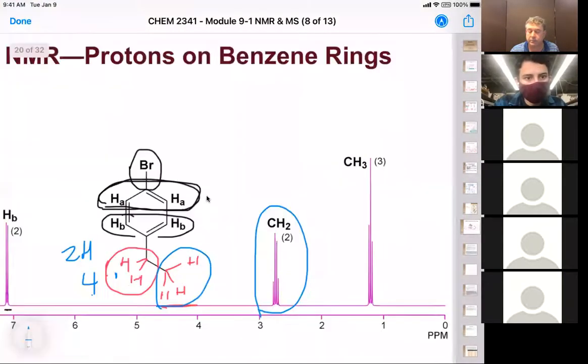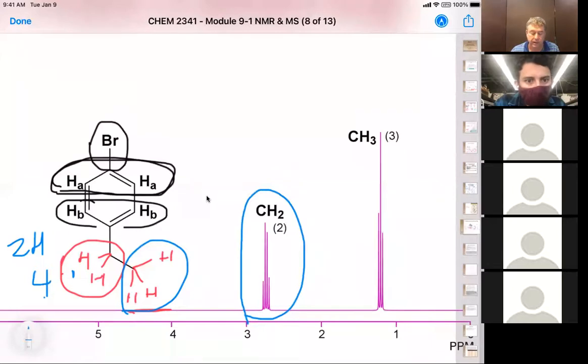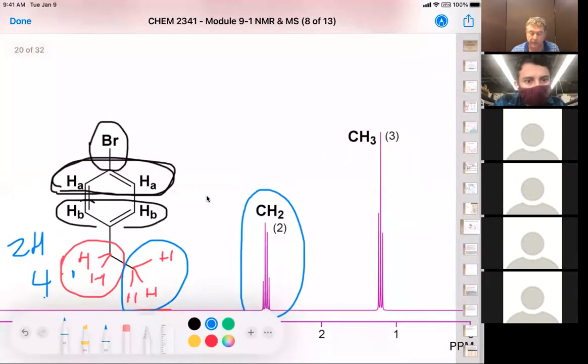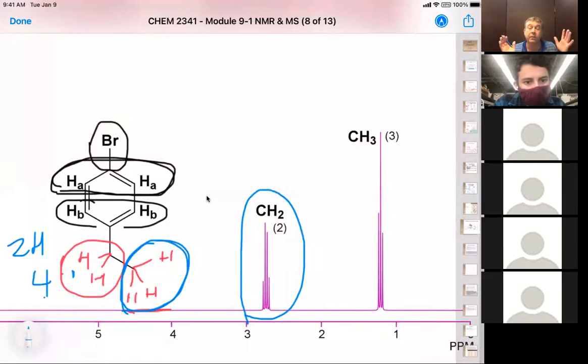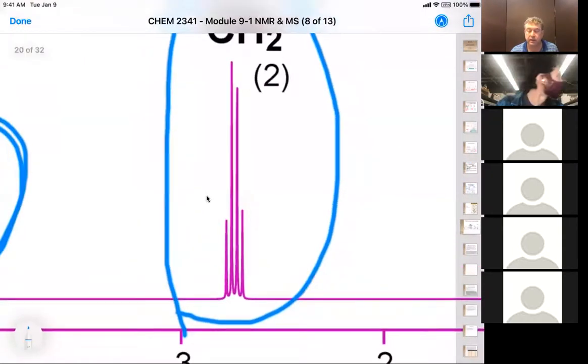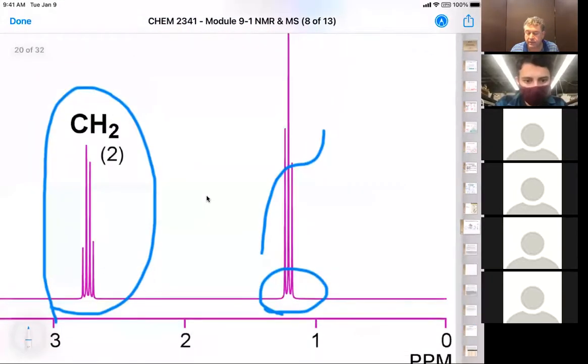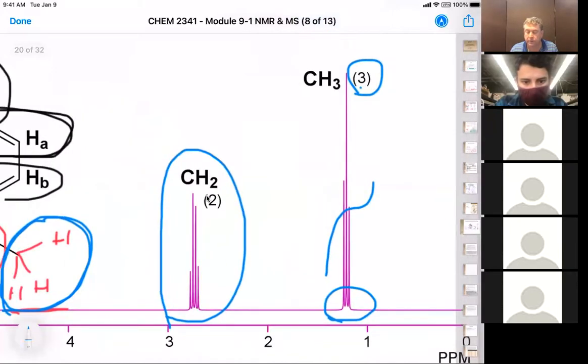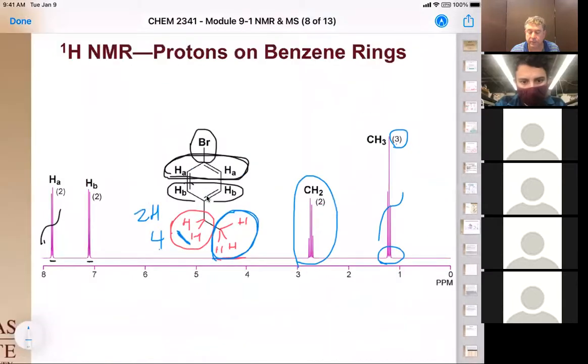Now, if we look at the last peak, we have these 3 magnetically equivalent hydrogens being split by these 2 hydrogens, giving us a triplet and a total of 3 protons there. So if we blow those up, it's a nice 1-3-3-1 pattern and a nice 1-2-1 pattern.